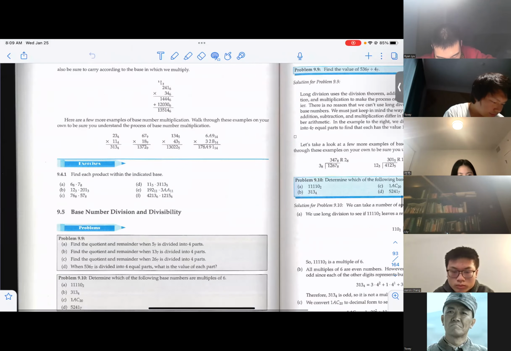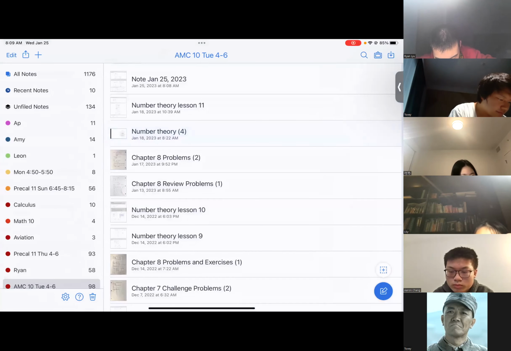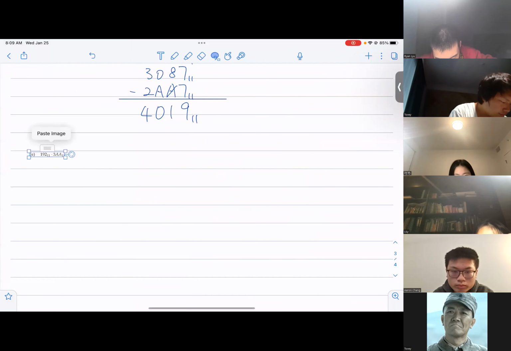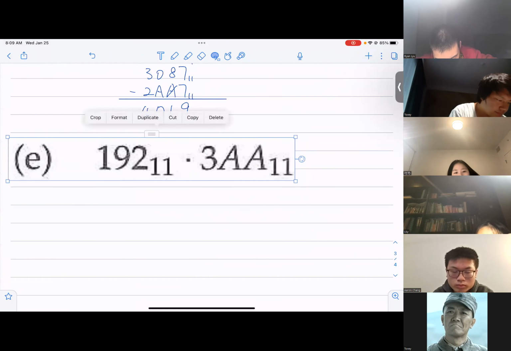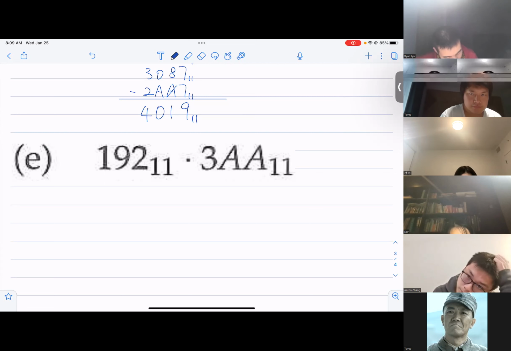Multiplication. Let's try again, do some stuff with letters in it. Does anyone want to try and see if you recall how to do multiplications?